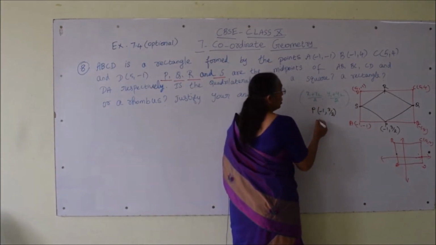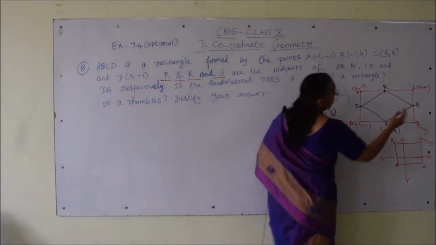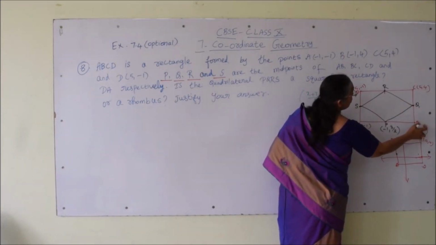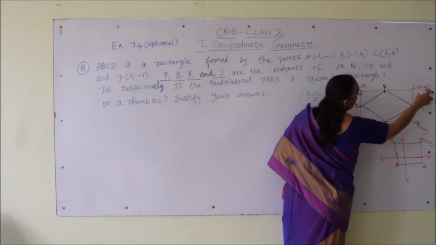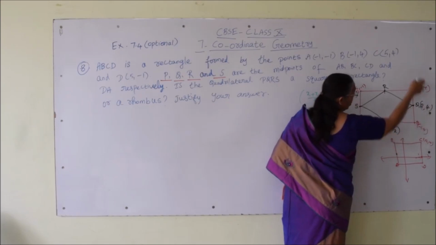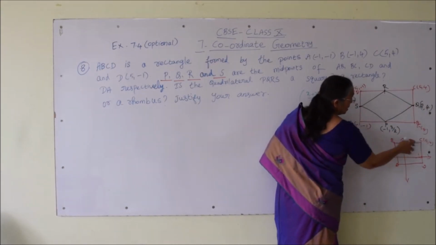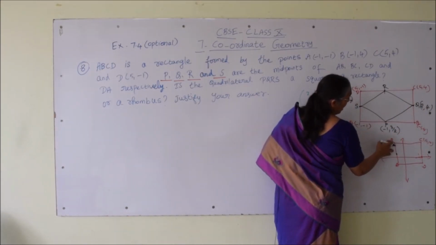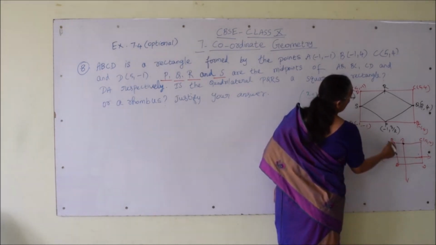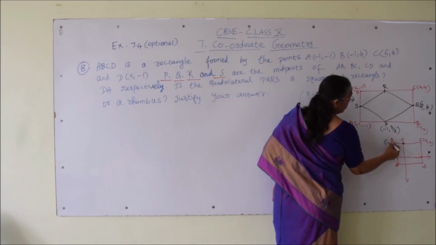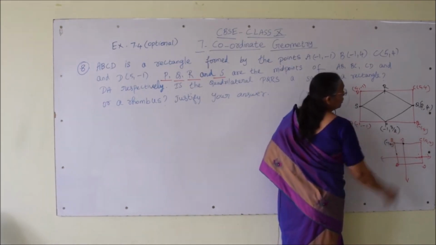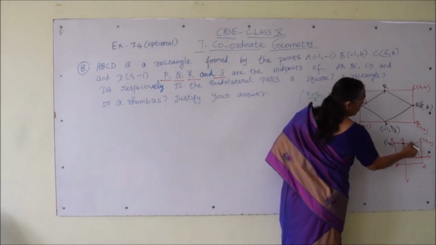Next, Q point, the midpoint of these two: (5 - 1)/2 is 4/2, that is 2, comma (4 + 4)/2 is 8/2, again 4. It is a point on this line. BC is a line where the y value is constant, y is equal to 4. B point is (-1, 4), so whatever point you write here, the y value will always be 4. So 2 comma 4 is the midpoint.